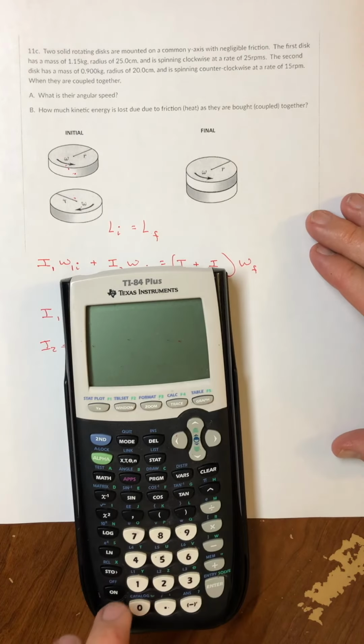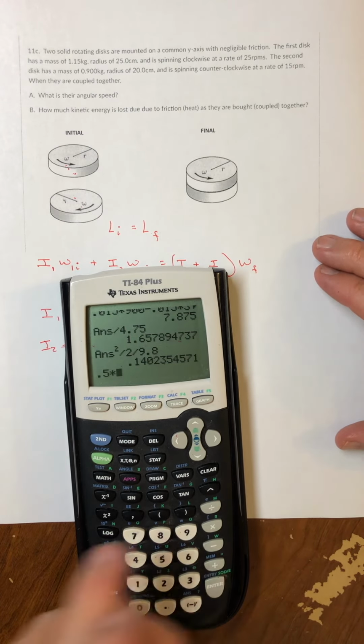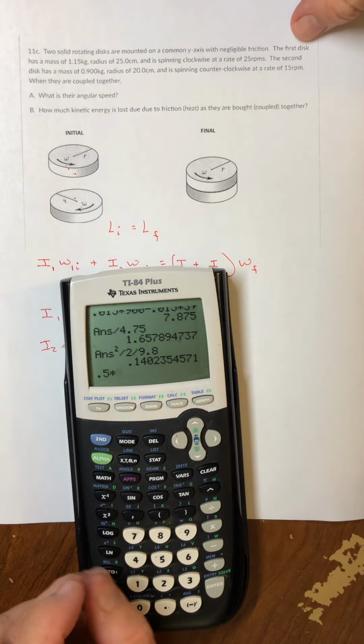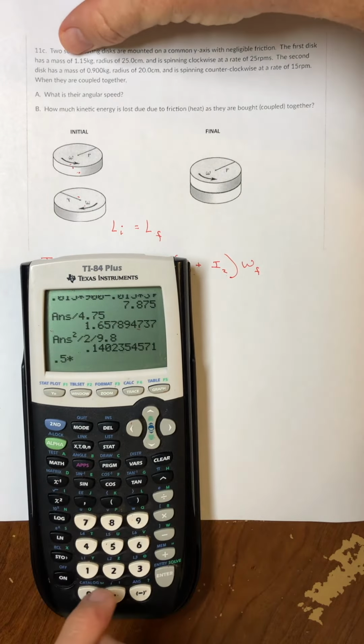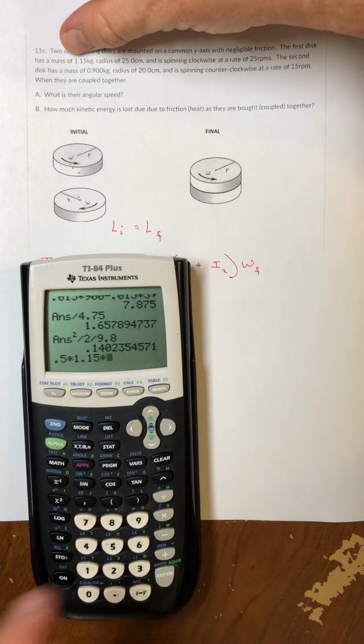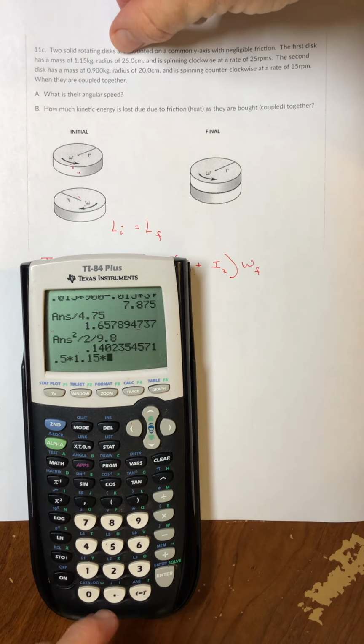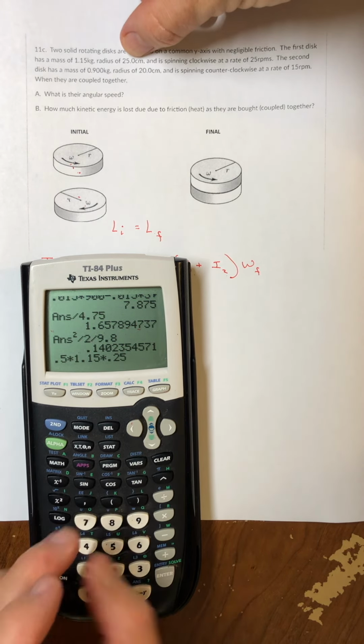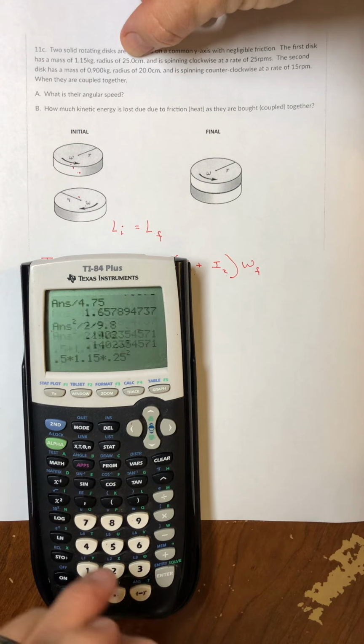And so grabbing my calculator, I will go 1/2, and the mass of the first one, the first disk has a mass of 1.15, and a radius, and again, we're back to watching our units, 25 centimeters, which I'm going to type in as 0.25 and square it.